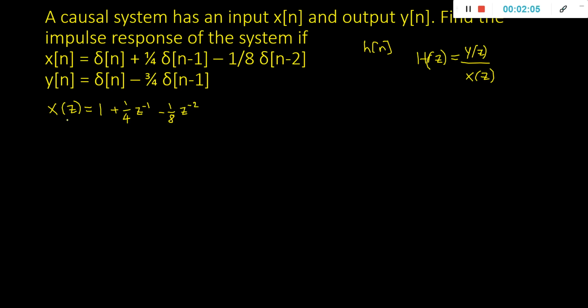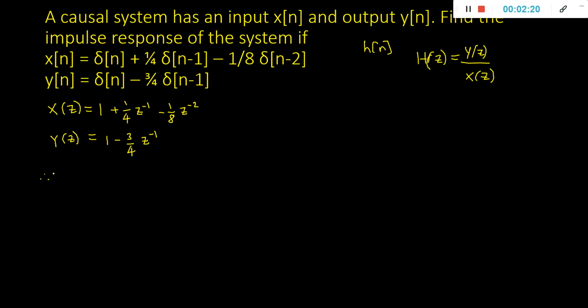So this is x of z. Similarly, when we try to find the z transform of y of n, that is y of z, it will be 1 minus 3 by 4 z to the power minus 1.